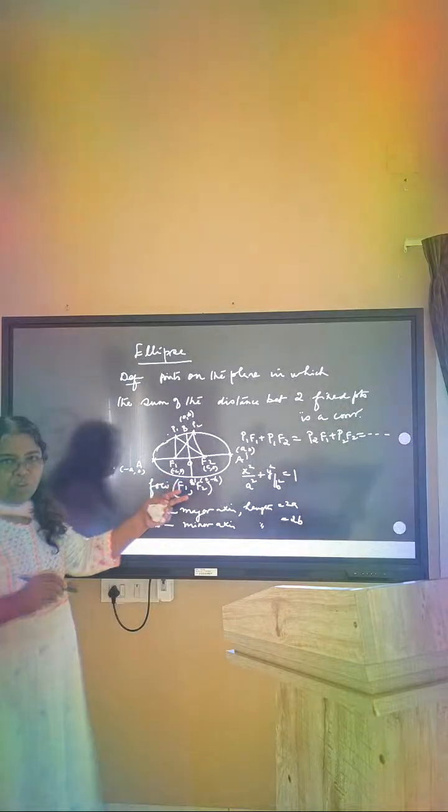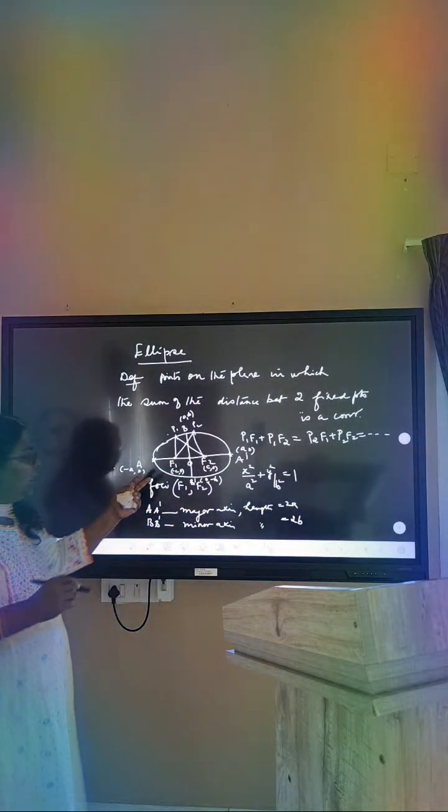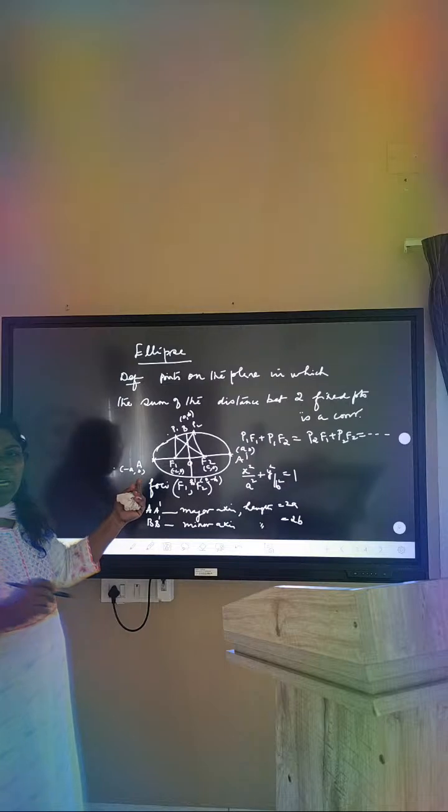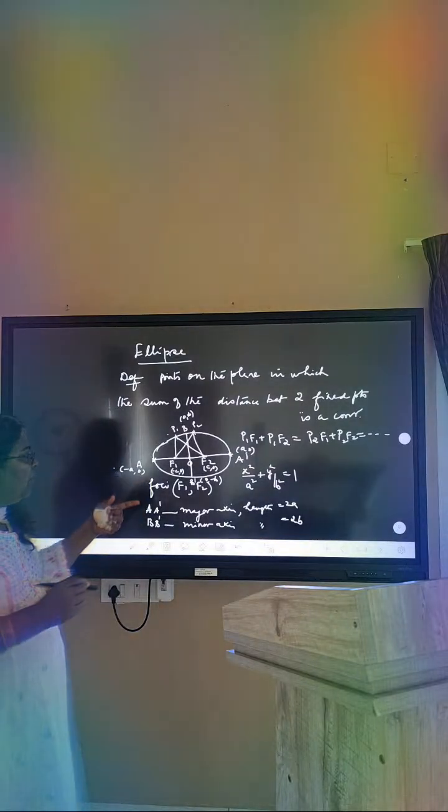The two fixed points are called the foci, and the foci have the coordinates minus c comma 0 and c comma 0.